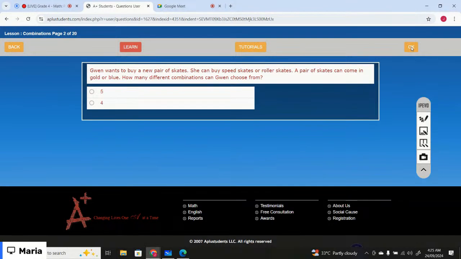She wants to buy a new pair of skates. She can buy speed skates or roller skates. A pair of skates can come in gold or blue. How many different combinations can one choose from? So, which is the correct option?